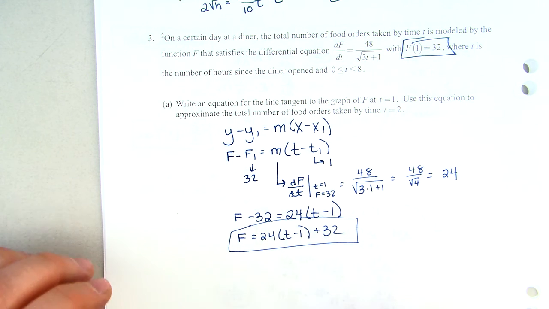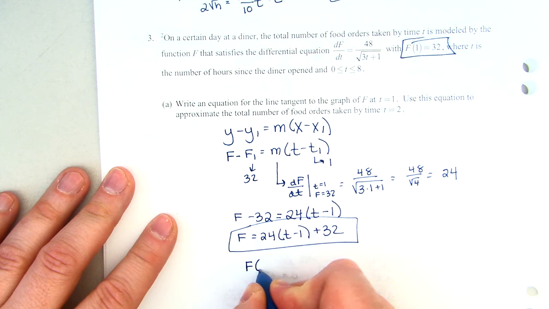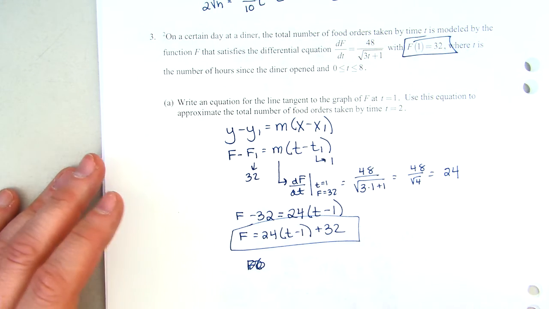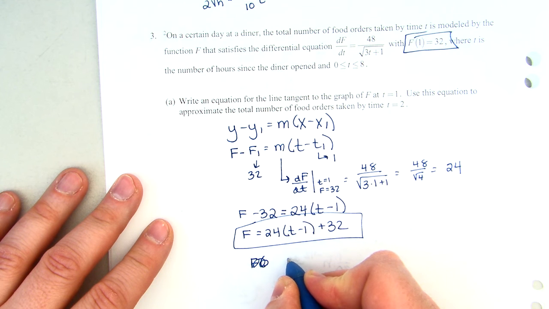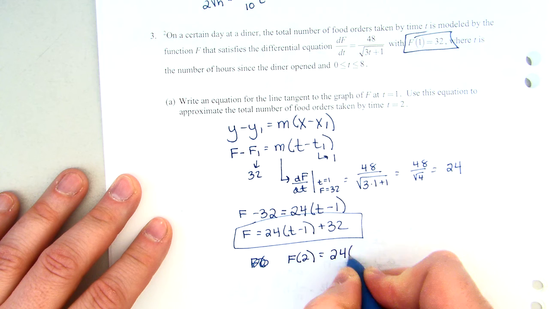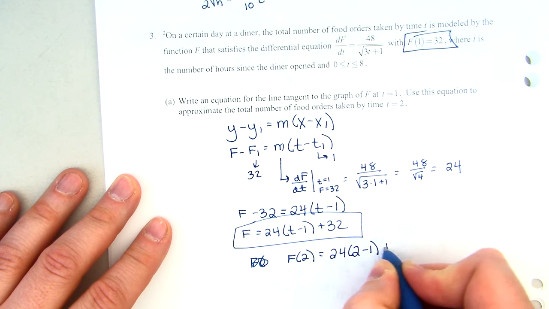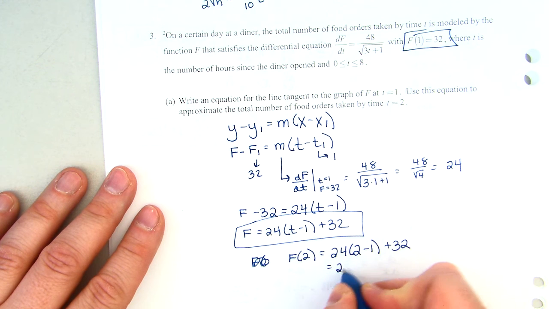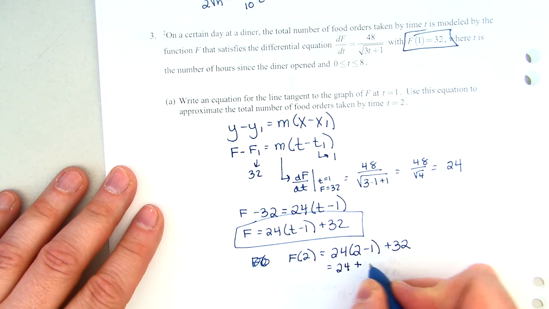Plug in your 2. So go do that. Find f of 2. Sorry, this isn't really f of 2, but it's our approximation for f of 2. Whatever, I'm just going to call it f of 2. And here's where I kind of think leaving it in point slope form makes it a little bit nicer.